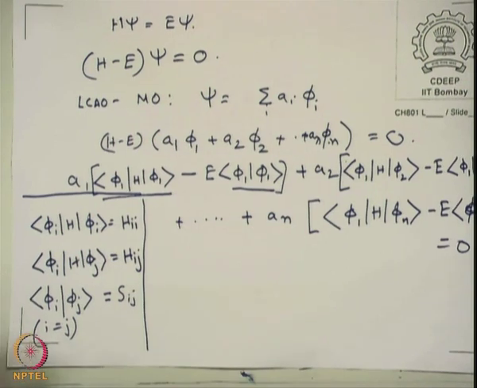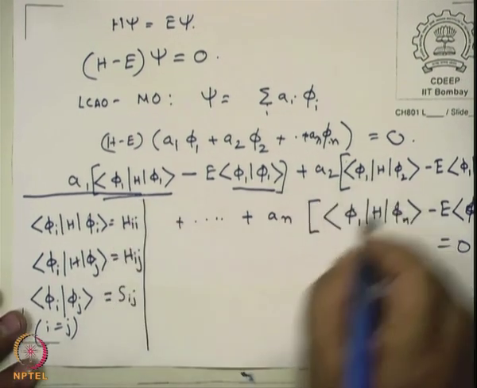What do we call the integral of phi_i phi_j over all space, where i and j are different atoms? Overlap integral, isn't it? So, I can call this S_ij.